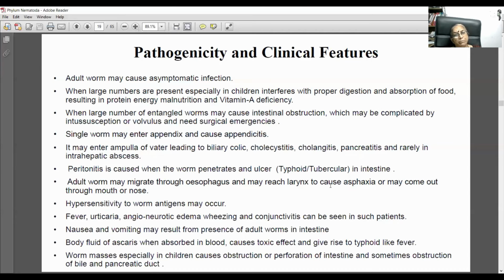This roundworm may enter the ampulla of Vater leading to biliary colic, cholelithiasis, cholangitis. Then it can even cause pancreatitis, and rarely it can cause hepatic abscess. So when these worms are going into the common bile duct, in the bile they can cause inflammation.